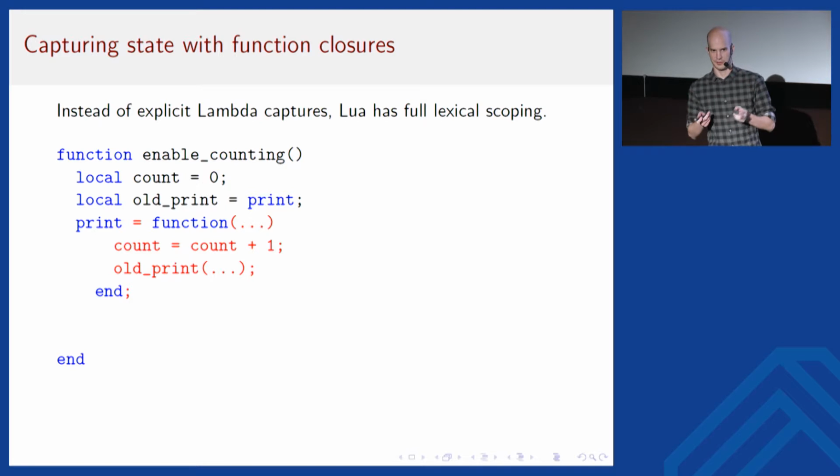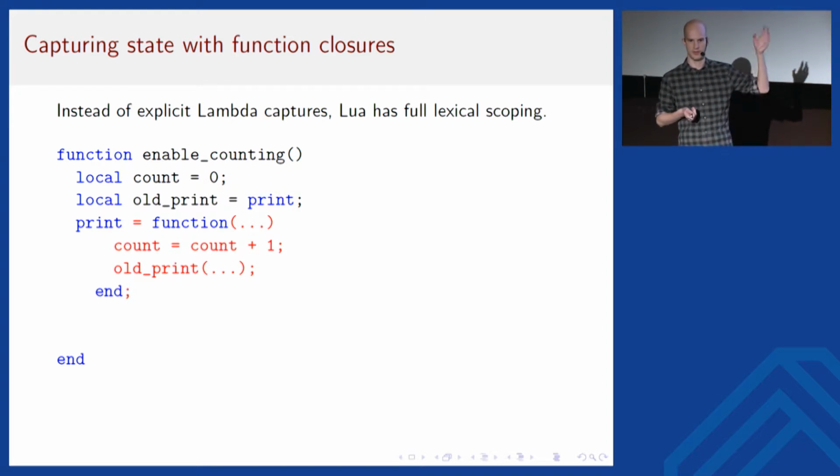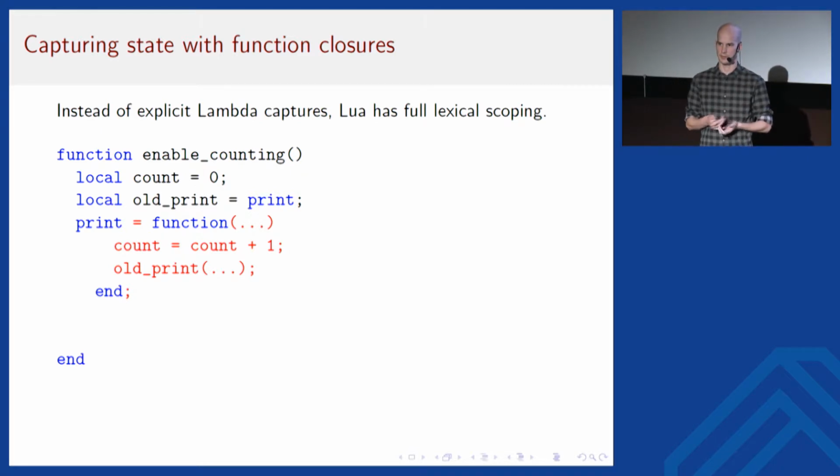As you might notice, if you're familiar with lambdas, this now actually means that those local variables have to be captured so that they are visible inside this inner print function. And in C++, we do the capturing explicitly by writing it inside these square brackets, inside the capture list for the lambda.